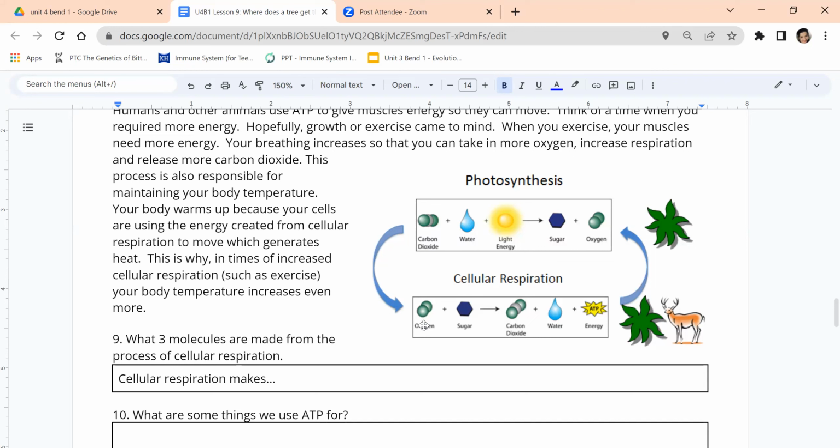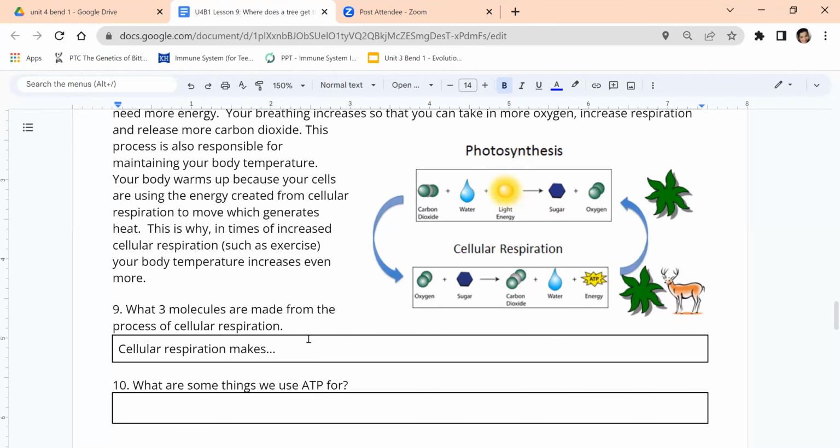So in cellular respiration, the oxygen and the sugar that was produced over here in photosynthesis combine, and they recombine and break down into carbon dioxide, water, and energy in the form of ATP.